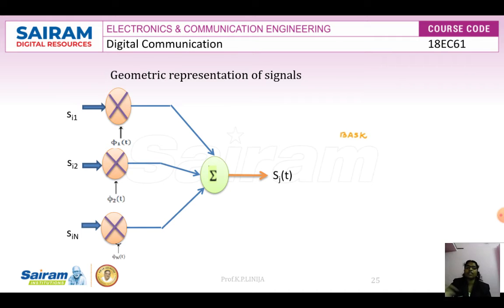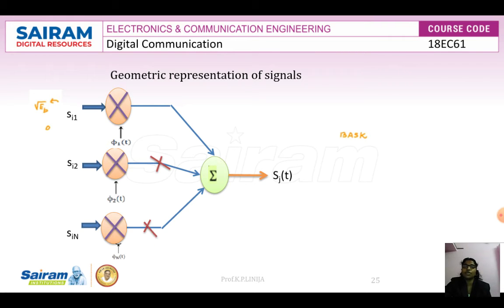Accordingly, for the symbol 1, we get the input as root EB, which is the bit energy of the signal. If the symbol is 0, no signal is transmitted. So we use only the first multiplier. The other two multipliers are not needed, so we put a cross mark over them.